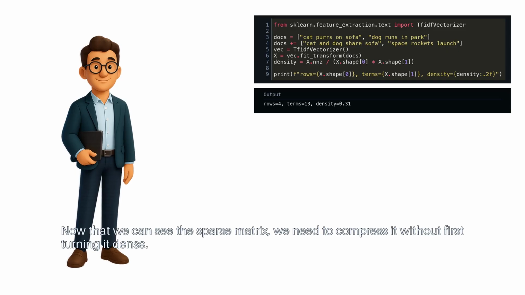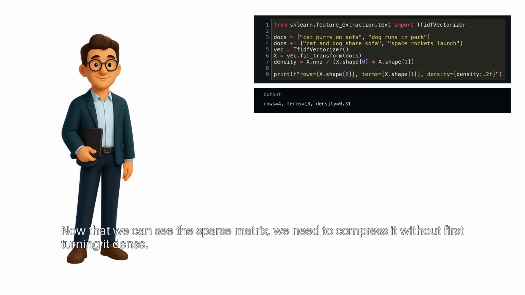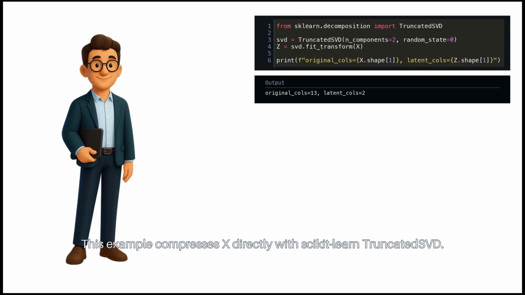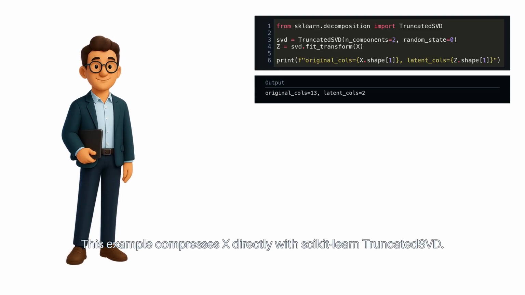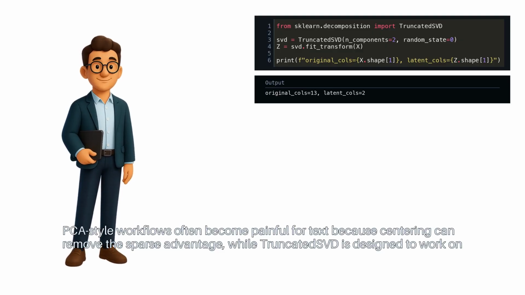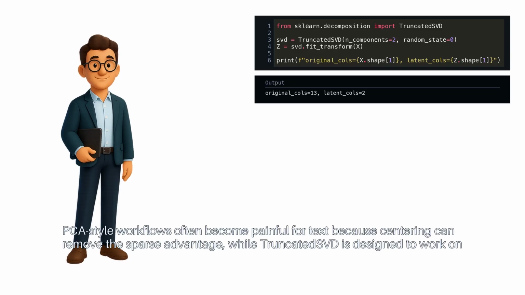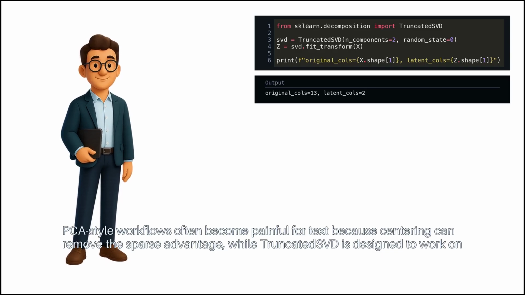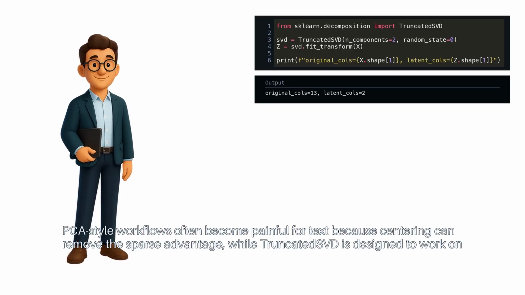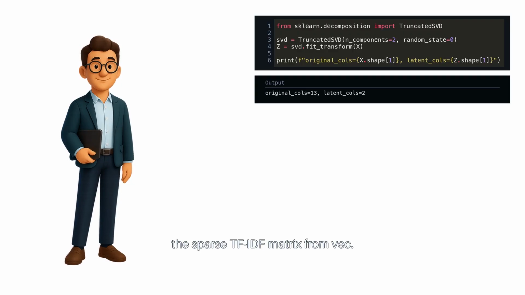Now that we can see the sparse matrix, we need to compress it without first turning it dense. This example compresses X directly with scikit-learn's TruncatedSVD. PCA-style workflows often become painful for text because centering can remove the sparse advantage, while truncated SVD is designed to work on the sparse TF-IDF matrix from vec.